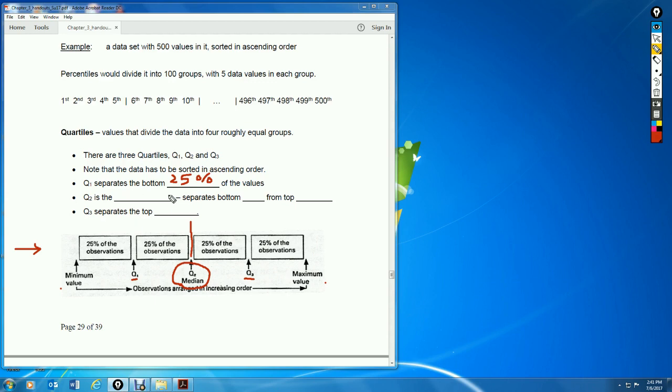Q2, like I just said, is the median, which we already know about. It's physically the middle value. It separates the bottom 50% of the data from the top 50%. And Q3 separates the top 25%.